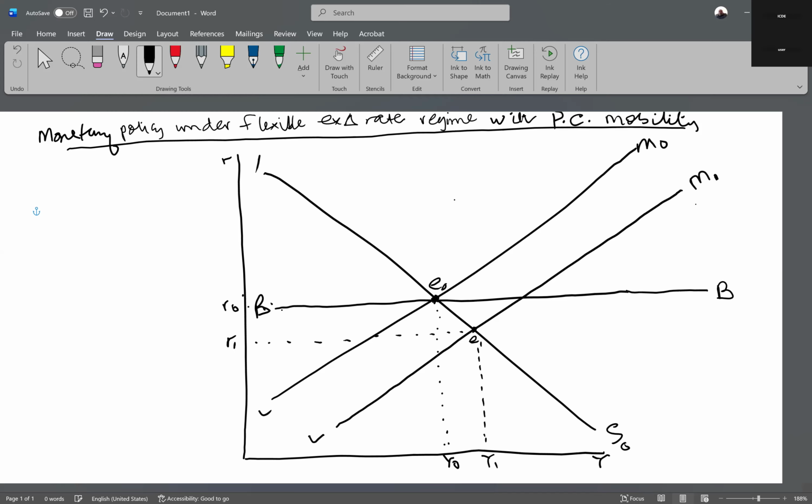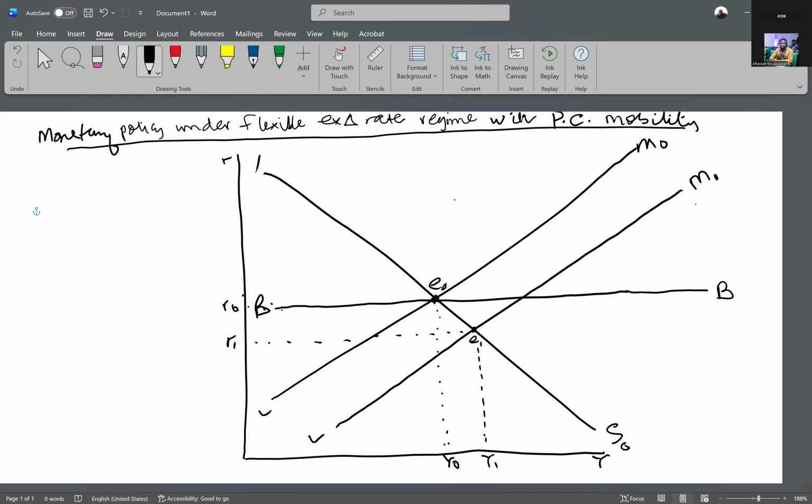At E1, what do we know? Balance of payment deficit. Isn't it?